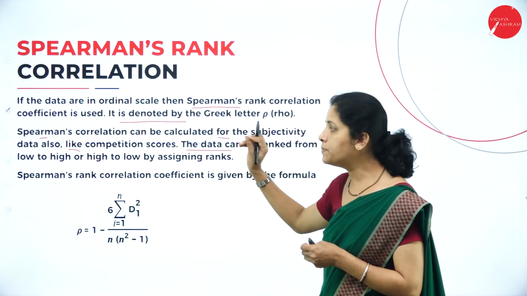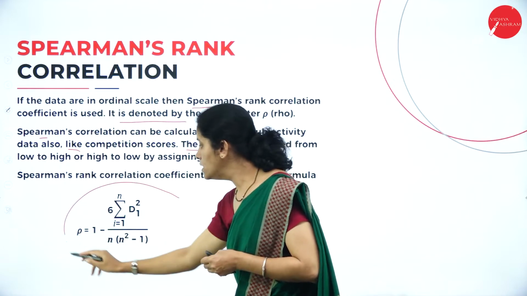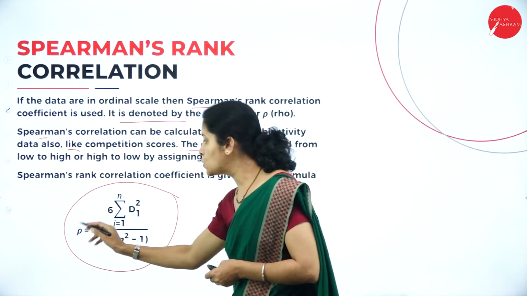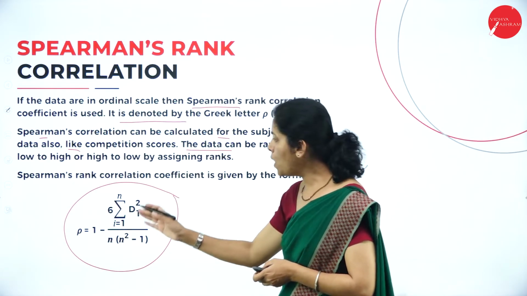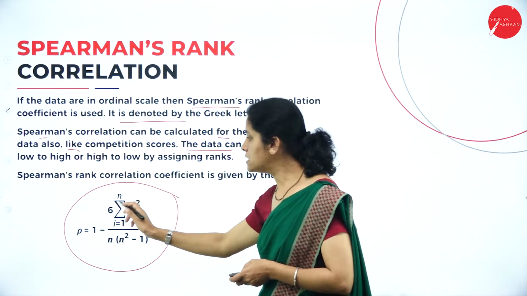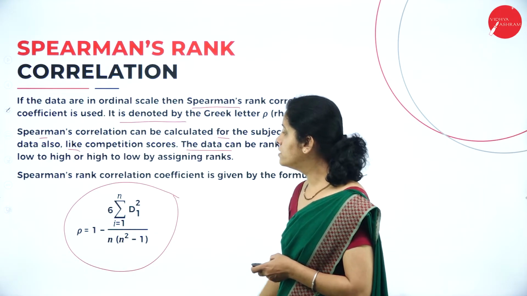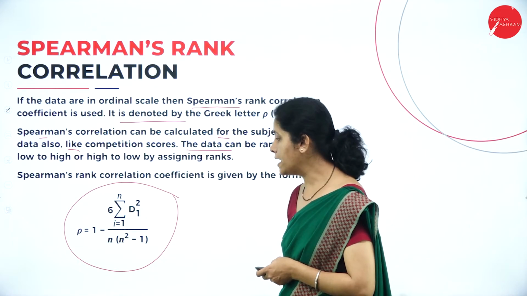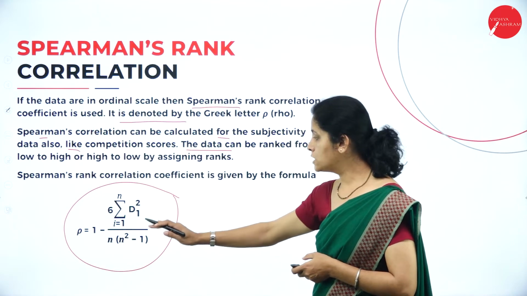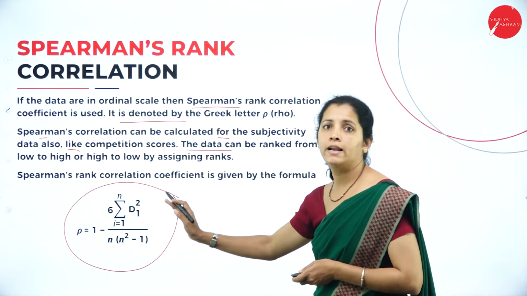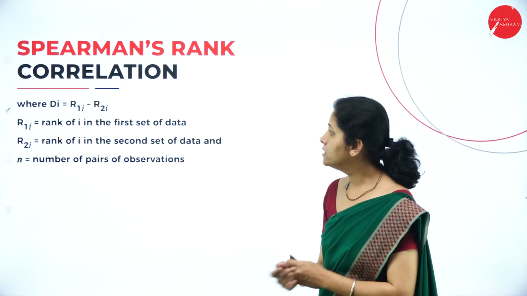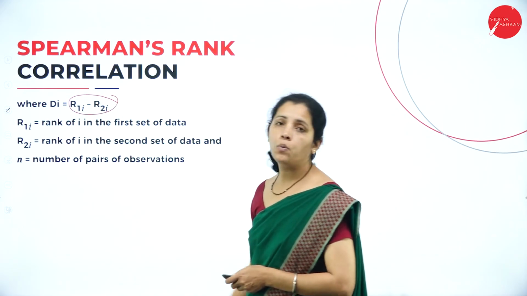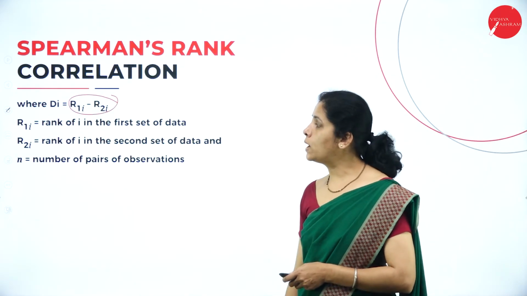Now, to solve the problems, I have to remember this formula. What is the formula? It is rho equal to 1 minus 6 summation of d square divided by n, open the brace, n square minus 1, close the brace. Now, where d is nothing but the difference between R1 and R2. What is R1?